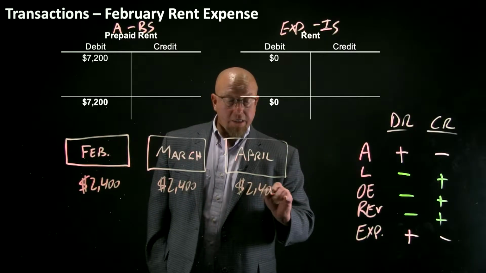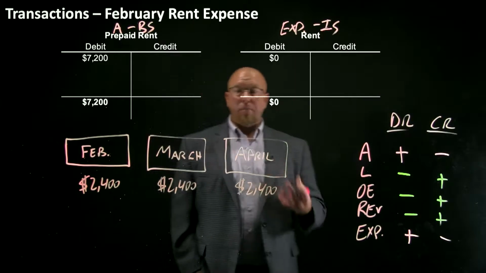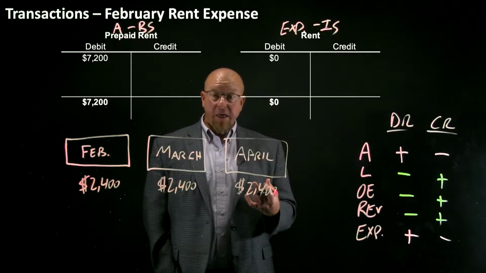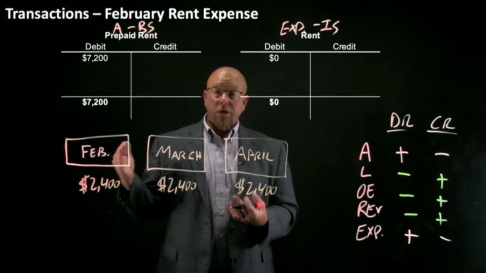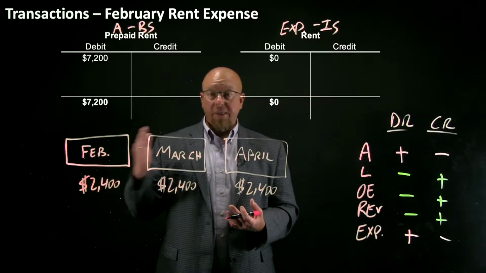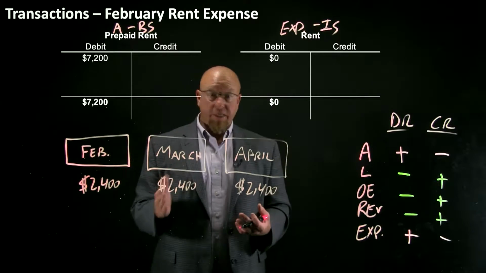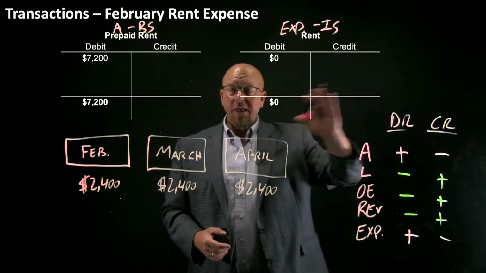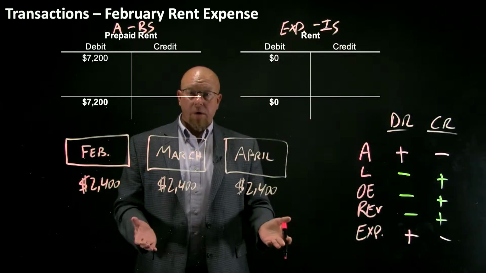And we need each month's income statement to report the appropriate rent expense for that month. So February's income statement should report $2,400 of rent expense. March's income statement should report the same, and the same is true for April. But right now, as you can see, rent expense for the month is zero.